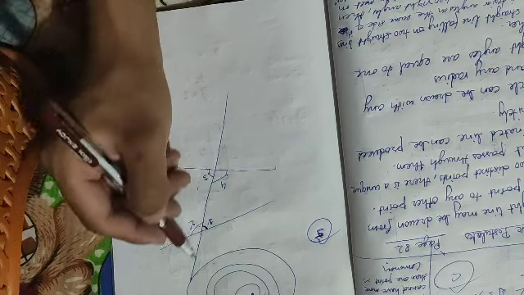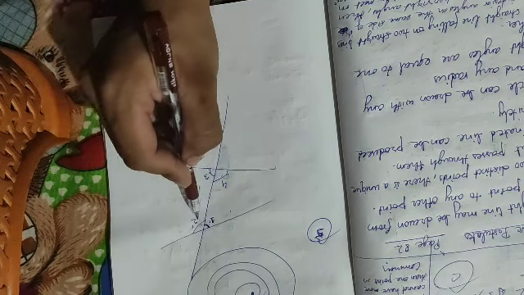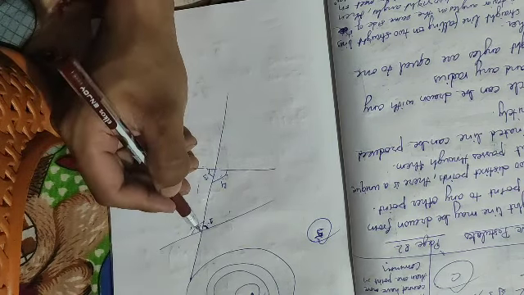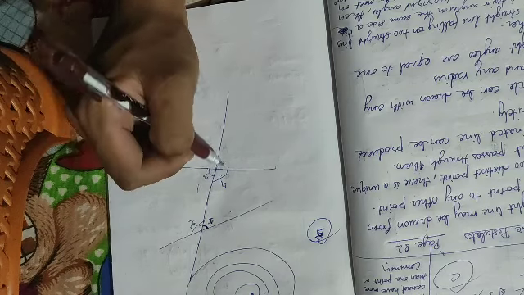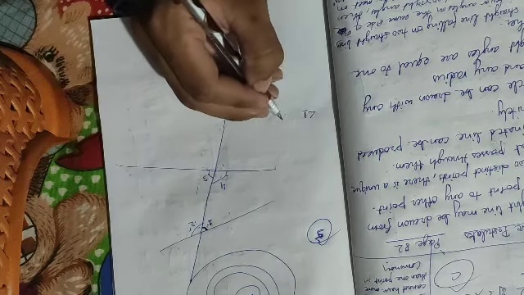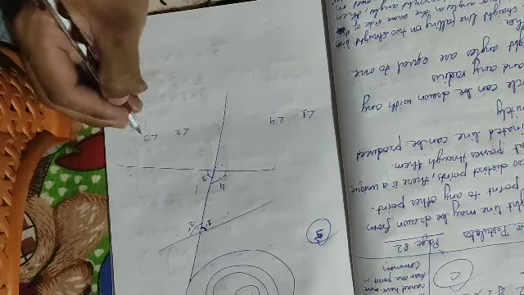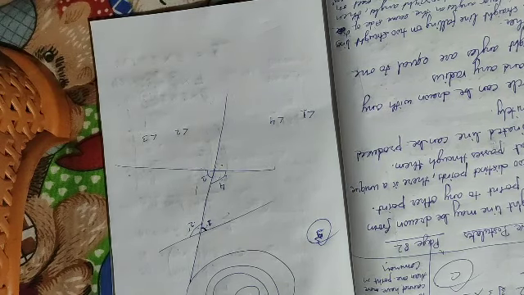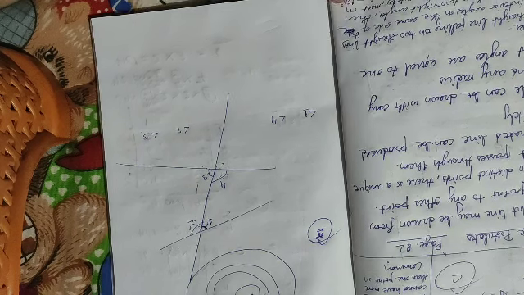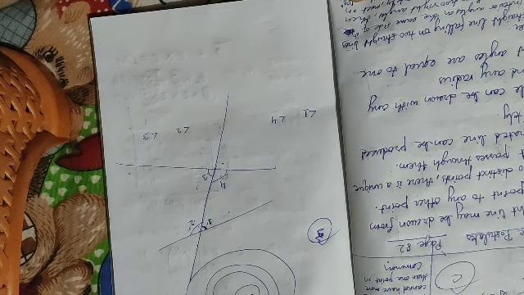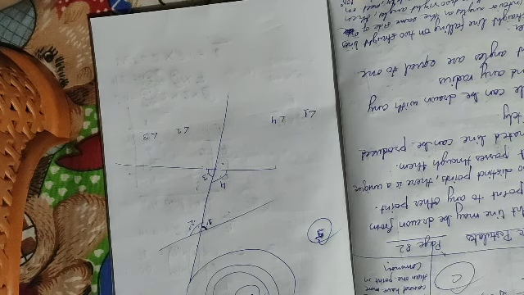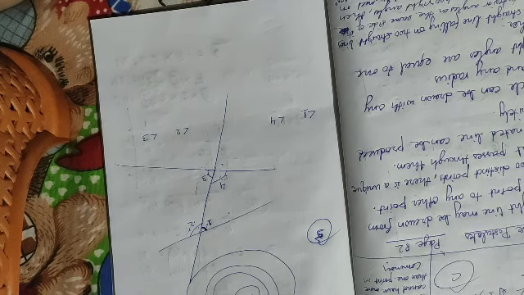The same side of this line means on the left hand side and on the right hand side. So we will consider two interior angles on the left hand side, that is angle 1 and angle 4, and we will consider another pair, angle 2 and angle 3. If produced indefinitely, they meet on that side in which the sum of angles is less than 180 degrees.